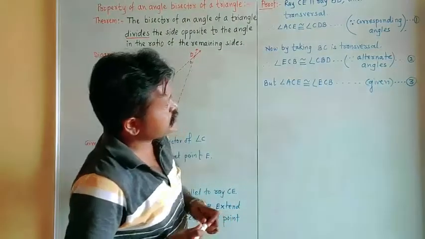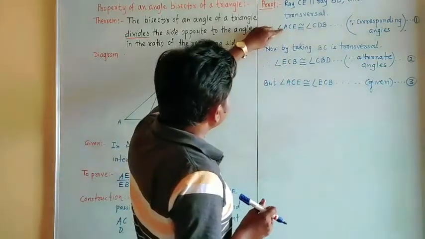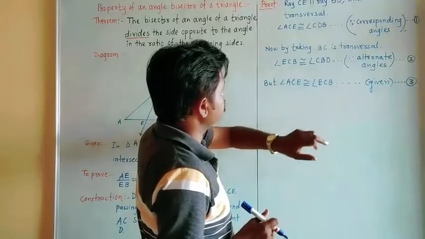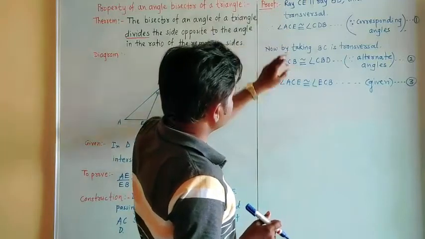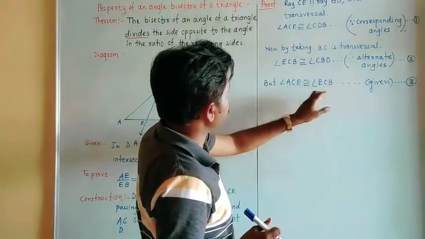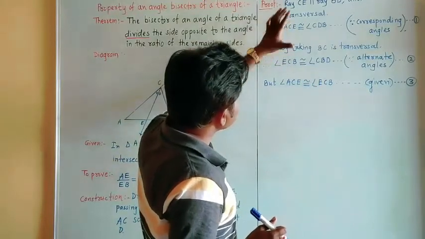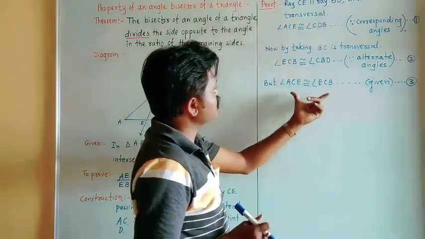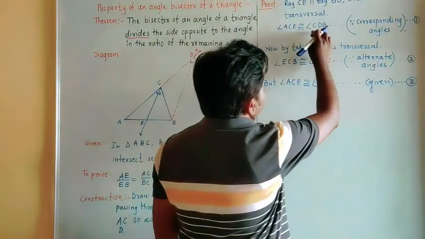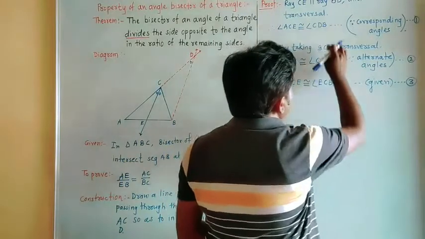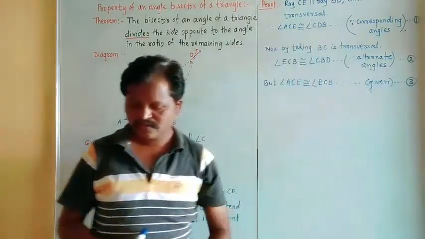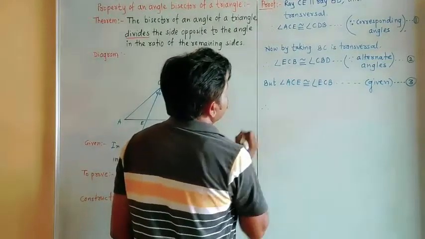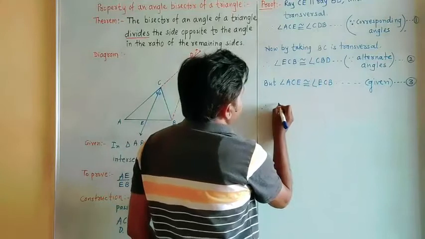Now think about all these statements 1, 2, 3. Angle ACE is congruent to angle CDB and angle ECB is congruent to angle CBD. Angles ACE and ECB are congruent. Therefore angle CDB and angle CBD are congruent.